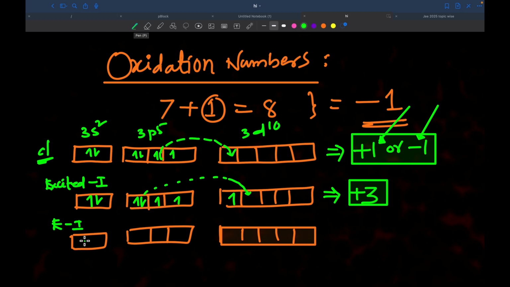In excited state 2, both the electrons have moved to the d orbital. Now how many unpaired electrons can you count here? 1, 2, 3, 4, 5. So in this situation, the oxidation state is +5. I hope you are able to understand why it is in the +5 oxidation state.